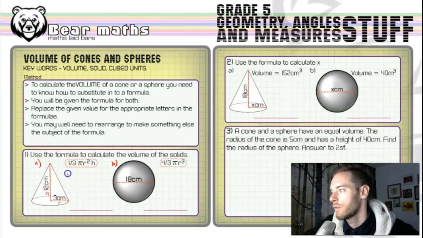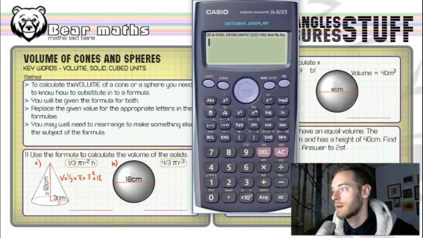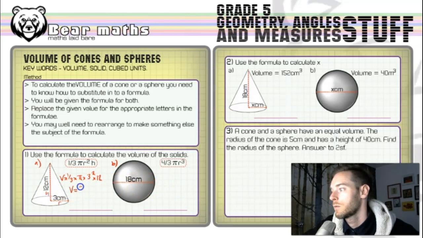So 1/3 multiplied by pi multiplied by 3 squared multiplied by 12. That's the volume of our cone. We bring a calculator in, we type in the fraction 1/3, multiplied by pi, multiplied by 3 squared, multiplied by 12, and it is that easy. 36 pi, so the volume equals 36 pi centimeters cubed, because it's volume, it's measured in cubed units.